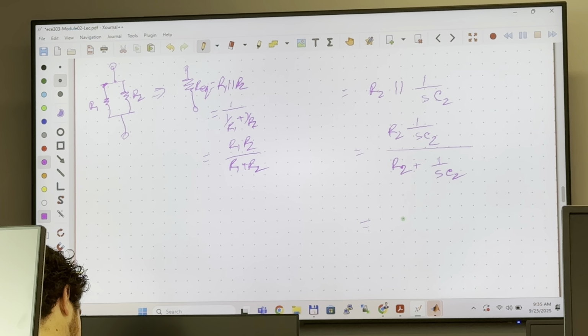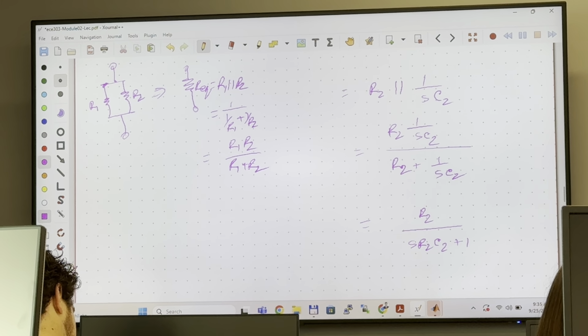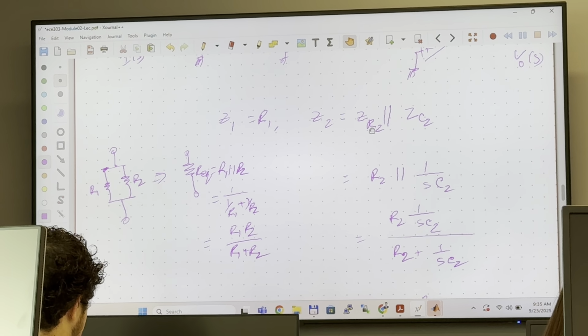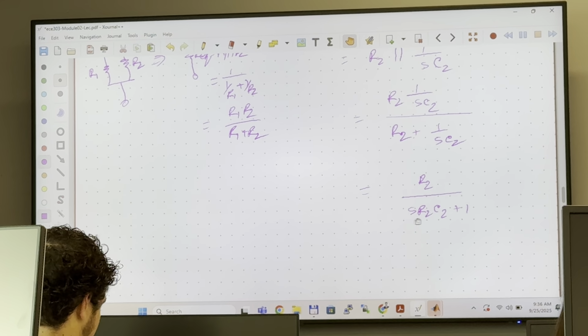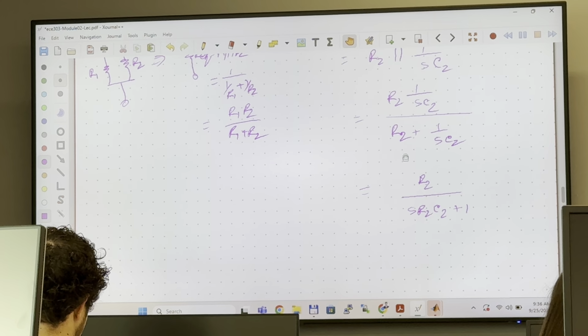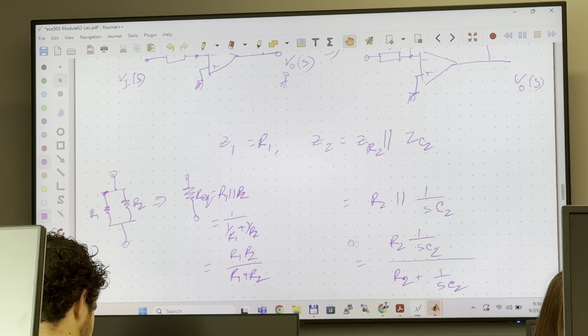So we have R2 over S R2 C2 plus 1. So Z2, which is this impedance, is R2 over S R2 C2 plus 1, and Z1 is simply R1.